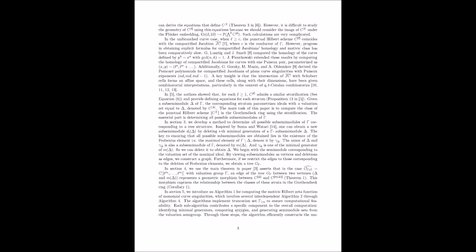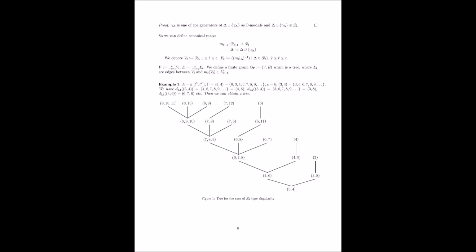So the goal is to compute the motivic class of the punctual Hilbert scheme. And this tree structure helps us break that calculation down into smaller, more tractable pieces. I see. So we have this tree representing the different strata of the Hilbert scheme, and we can move around the tree and compute the motivic classes of the strata as we go. Exactly.